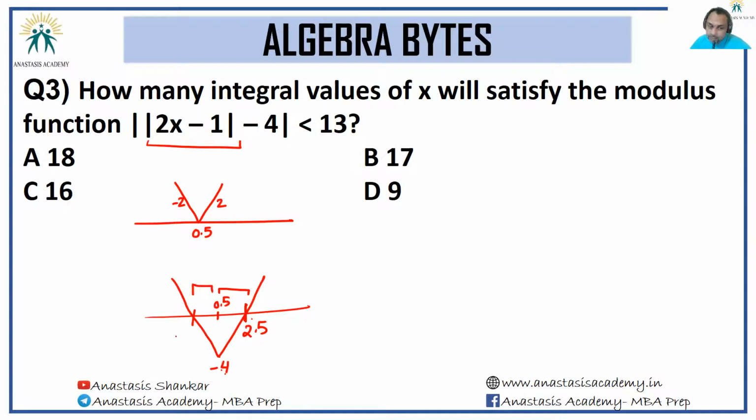From 0.5, 2 backwards, you reach -1.5. Now the fun thing is, this is modded all over again. So now the graph that we have is something like this. This is 0.5. This is -1.5. This is 2.5. The graph will go something like this.